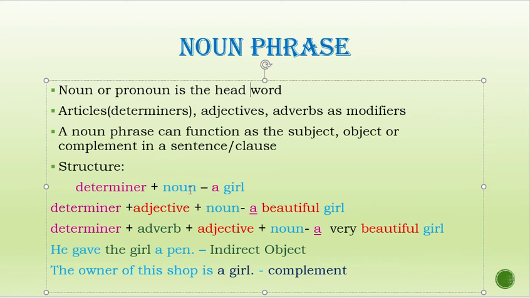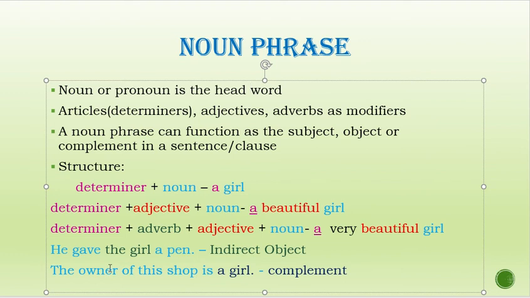The color of noun and the word girl is the same because girl is a noun. So determiner plus adjective plus noun is a beautiful girl. Determiner plus adverb plus adjective plus noun, that is a very beautiful girl. He gave the girl a pen. Here is a sentence.